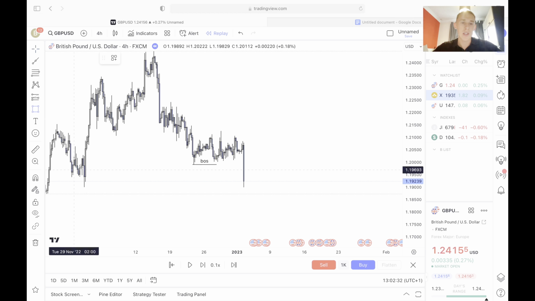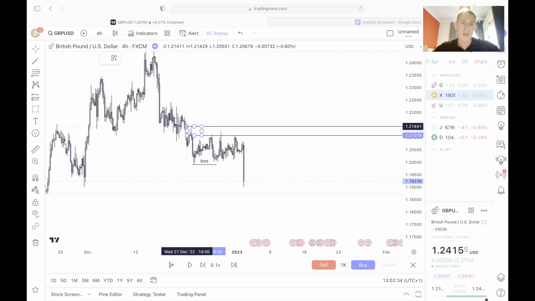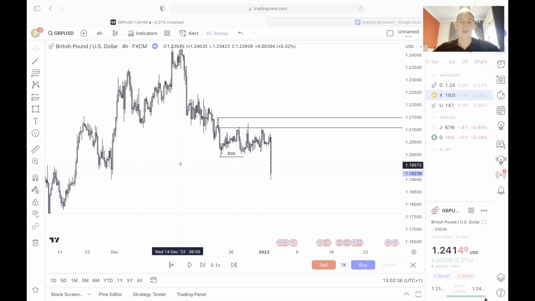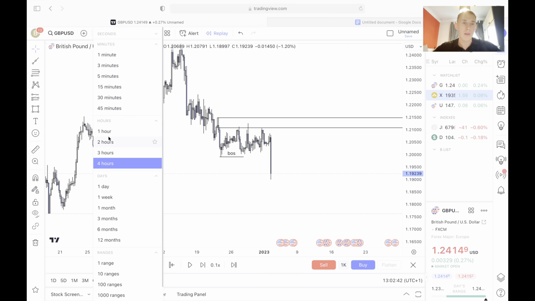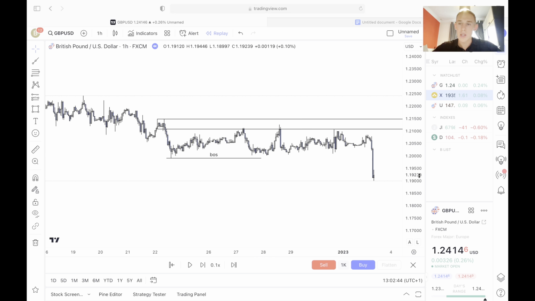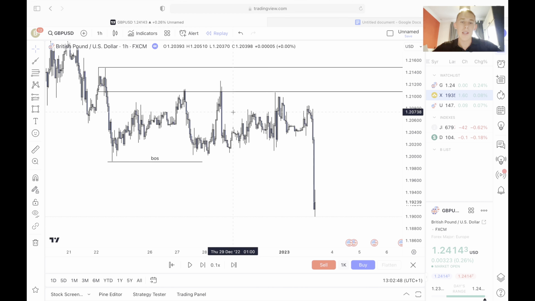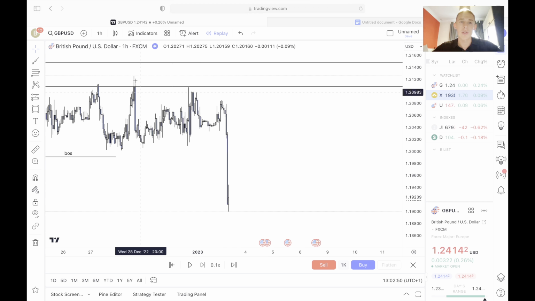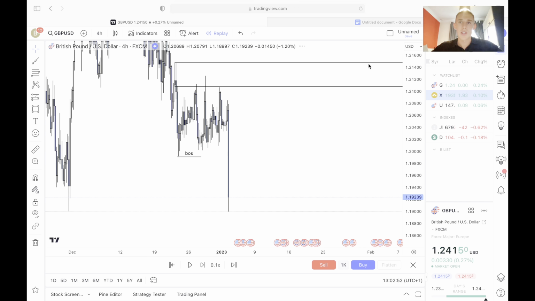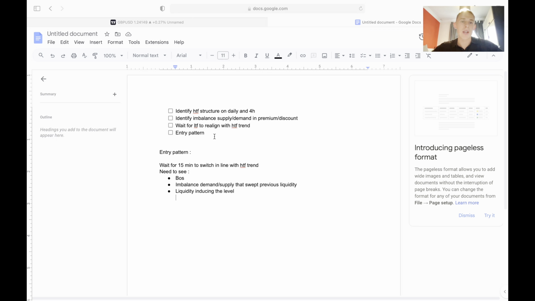What I also like to do is mark on where we are respecting the supply or demand. So in this case, we've pulled back into this supply area. If we go to the 1 hour, you can see this area of supply, price respected it, then we broke structure to the downside.